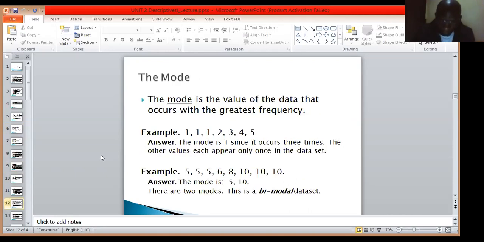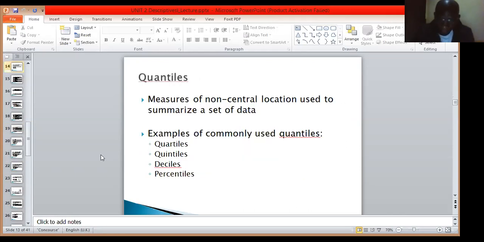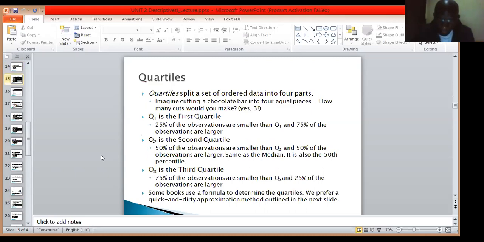We were able to calculate the variance, we worked on the mode, and we were supposed to start the quartiles. Now, quartiles, the best way to approach a quartile is to split a set of ordered data into 4 parts. When you are given the measurements in a set of data, you first arrange them, either in ascending or descending order.